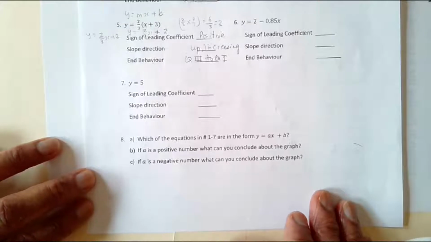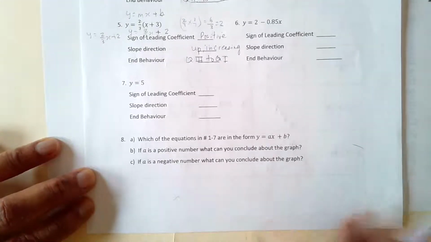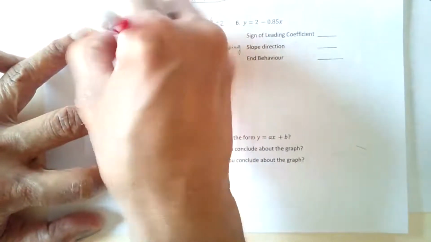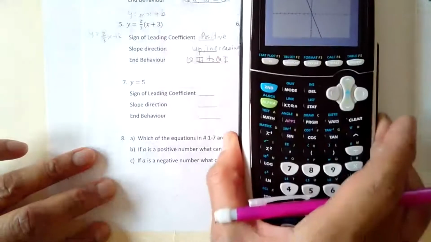There we go. So I'll erase this from here. It looks kind of confusing. I'm going to remove this so you will not get too cluttered. Now let's go to our calculator.